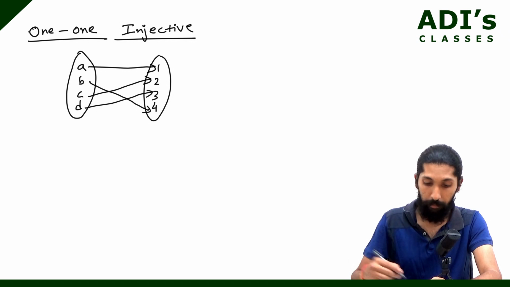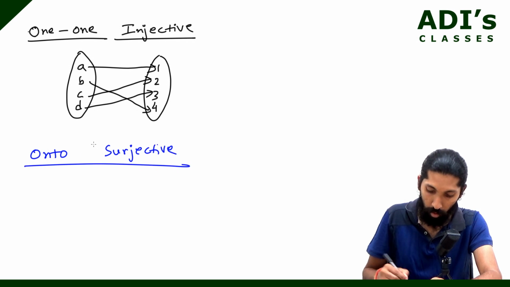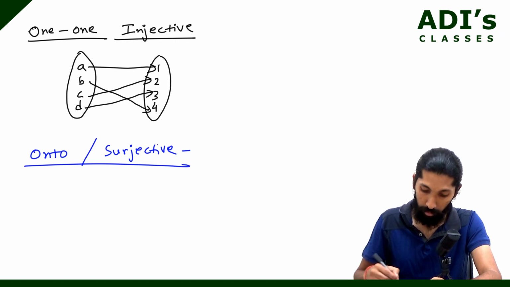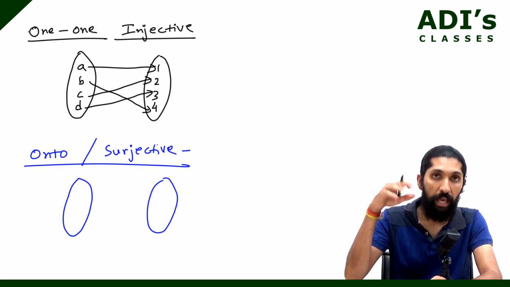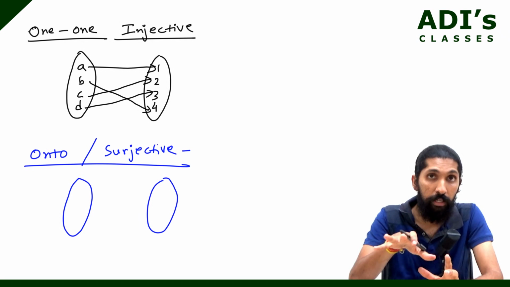The second type is what we call onto or surjective. Onto or surjective are one and the same. What we mean by this is, you have the domain and you have the range, and every element in the range has at least one element in the domain.